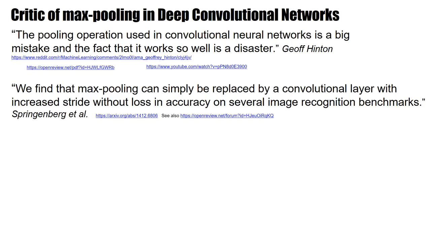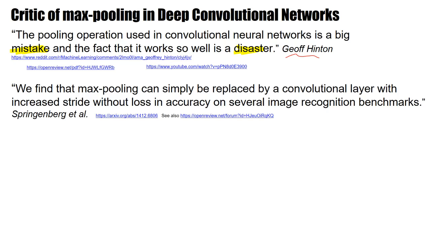So this is a citation of Jeff Hinton, one of the founders of the field of deep neural networks. And he says the pooling operation used in convolutional networks is a big mistake. And the fact that it works so well is a disaster.